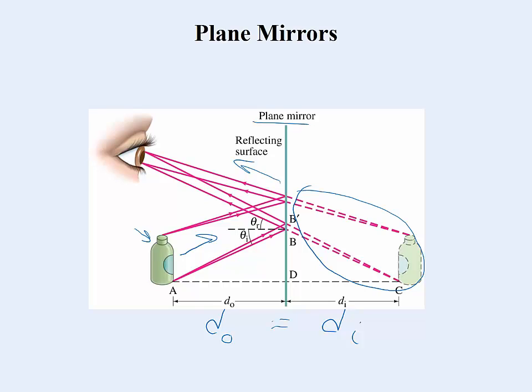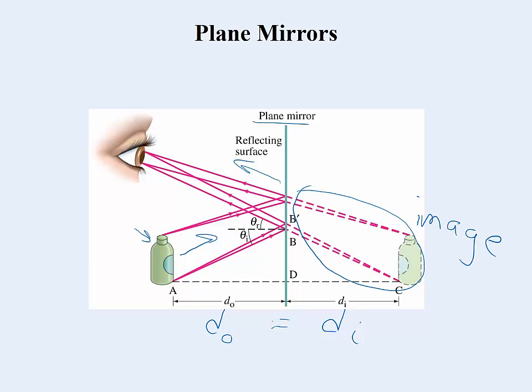So our brain consists of an amazing amount of neurons and things that can interpret lots of different things, but this is one that the brain gets confused by. It can't understand all the reflection of light. So our image is over here behind the mirror.